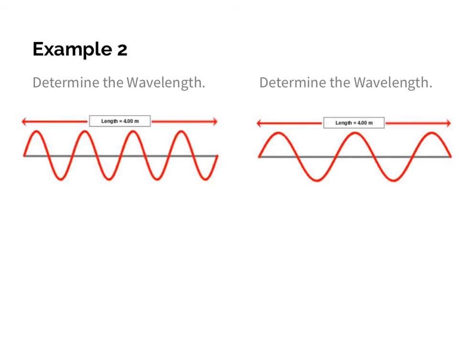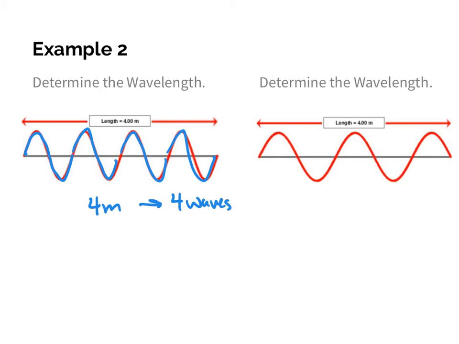The wavelength is the length of a complete wave. So if I look at this diagram, a complete wave is going to be a crest and a trough. So notice I have a crest and a trough. Here within this length of string, within 4 meters, I have 1, 2, 3, and 4 complete waves. So within 4 meters, I have 4 waves.